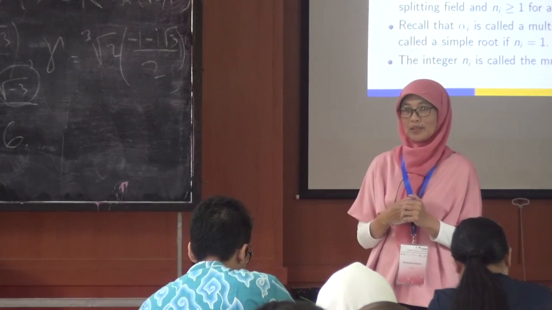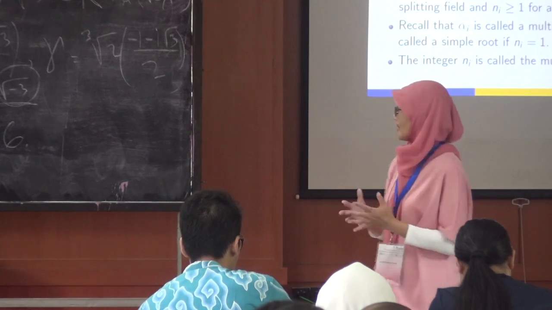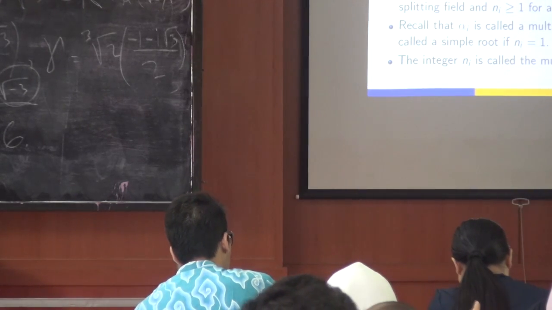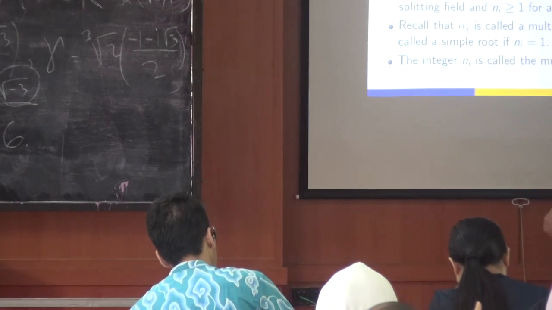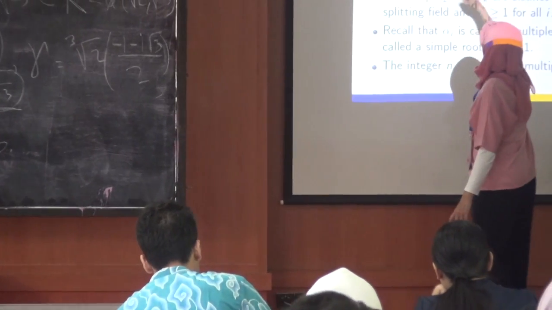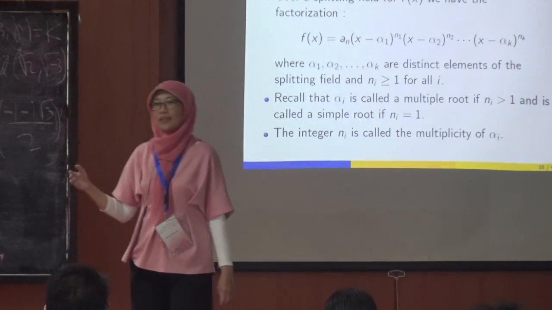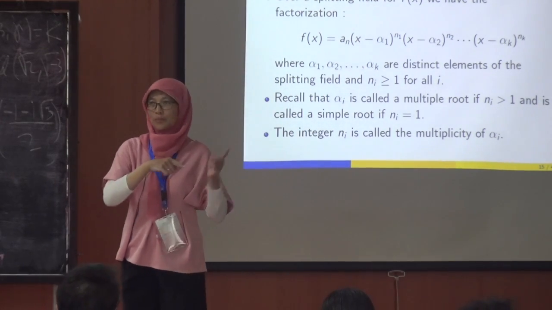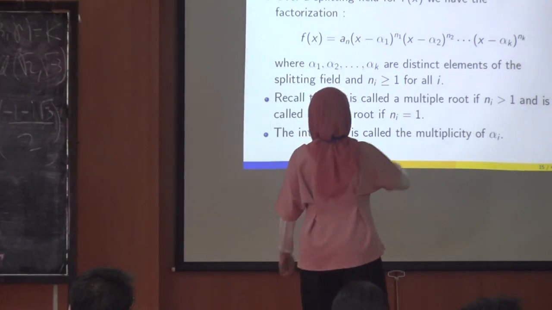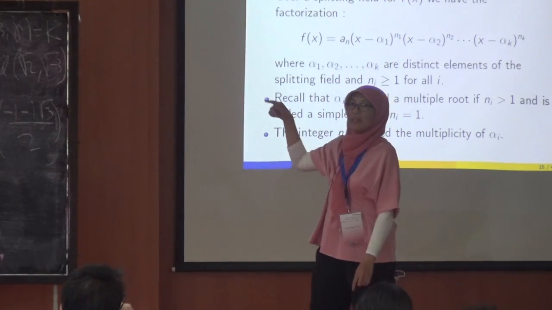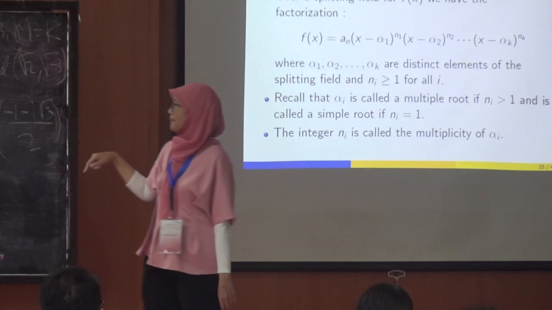We call it separable. Separable means the multiplicities should be 1. So you know what the meaning of this is? This means alpha 1 appears more than once. So the multiplicity shows how many times alpha 1 appears in this polynomial.